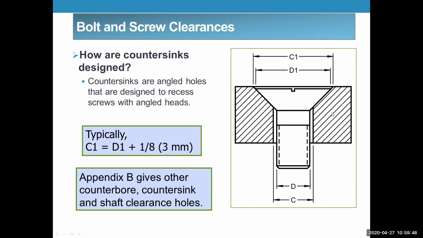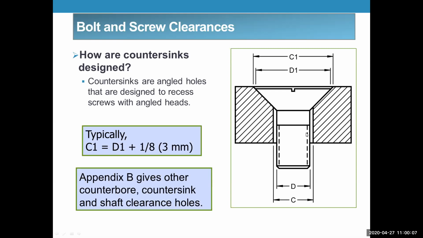So here's the deal about countersinks, though. Regardless of how big you make this countersink, once this fastener starts to contact the angled surface of the hole, it's locating this bolt automatically within this part.